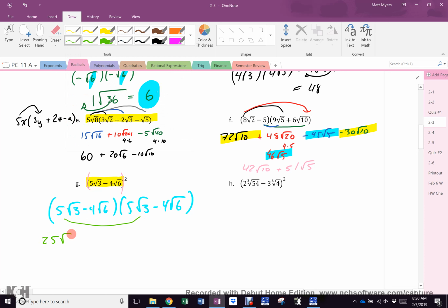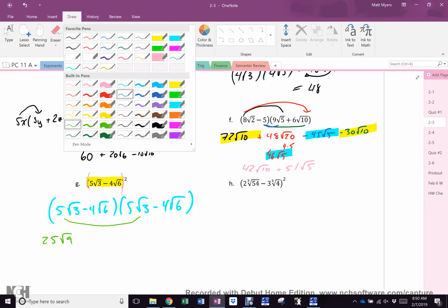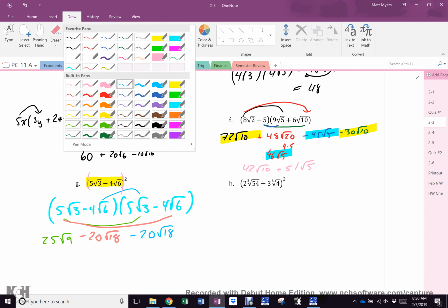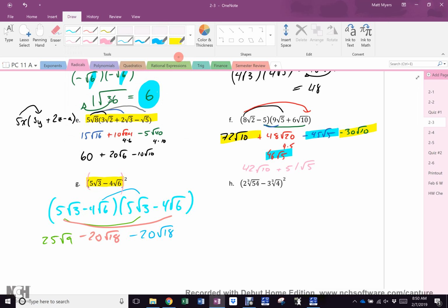Magenta, yes. And then I simplify. That is 75.